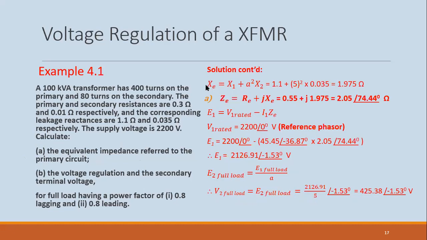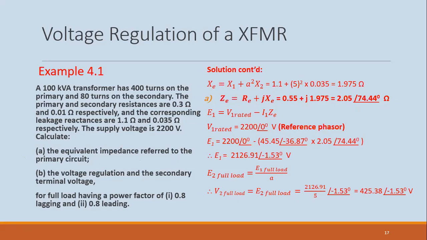Similarly, XE is X1 plus A squared X2, and X1 is 1.1, X2 is 0.035, so XE is equal to 1.975. Answering question A, the equivalent impedance referred to the primary is RE plus jXE, which is 0.55 plus j1.975, and that is 2.05 at angle 74.44 degrees.